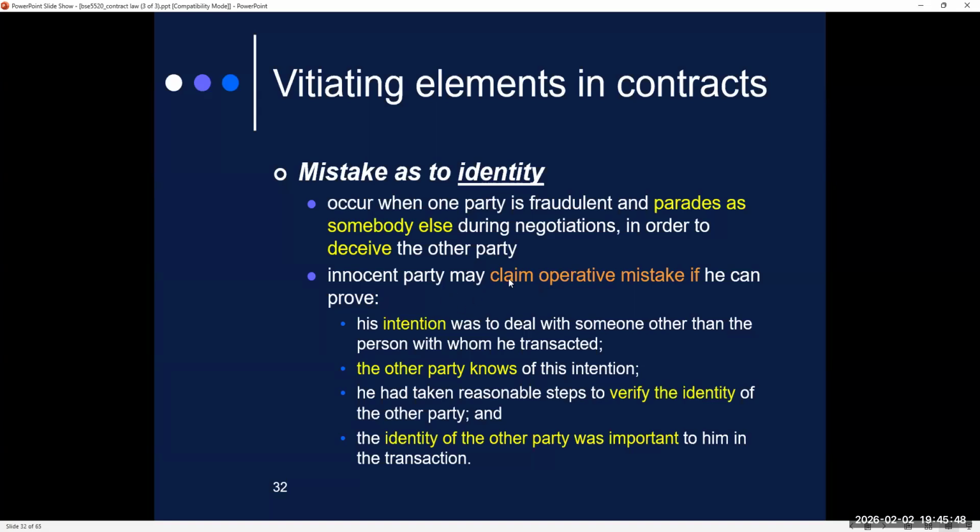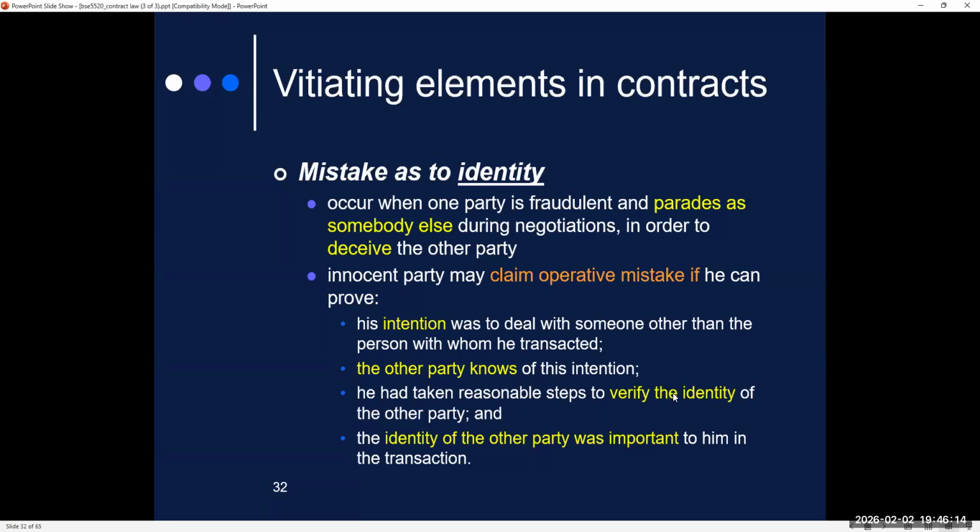The innocent party may claim operating mistake, but he has to prove several things. Number one, his intention was to deal with someone other than that person. Number two, the other party knows of his intention. And number three, he has to verify the identity of the other party.